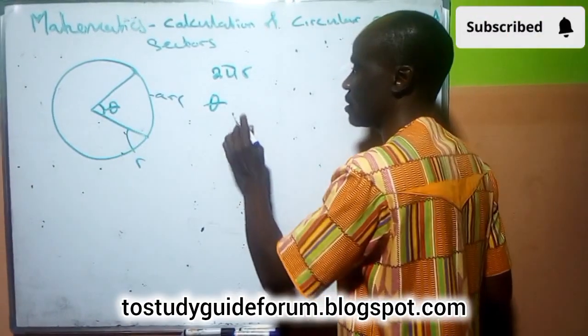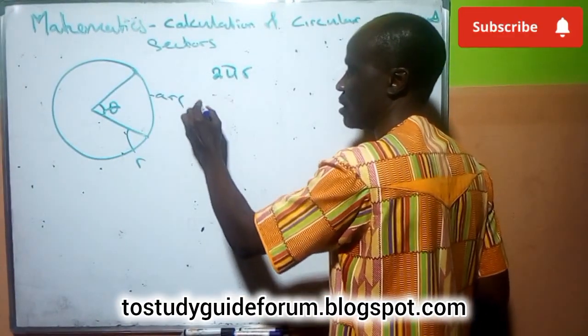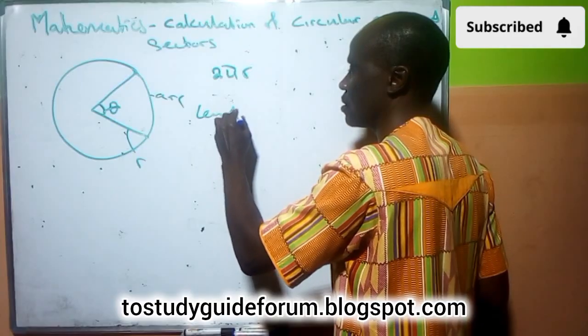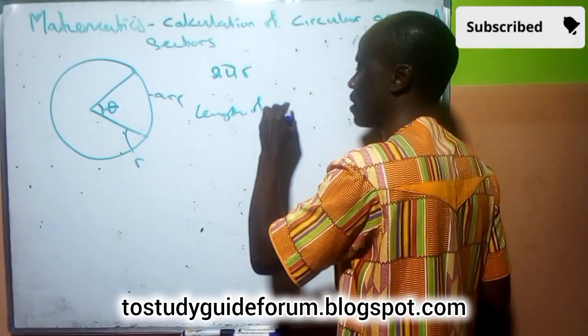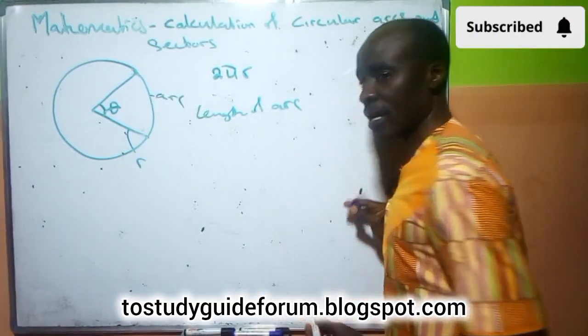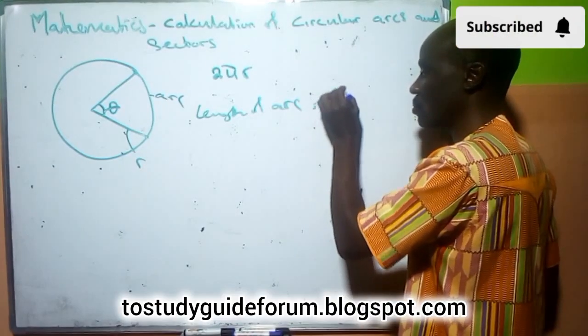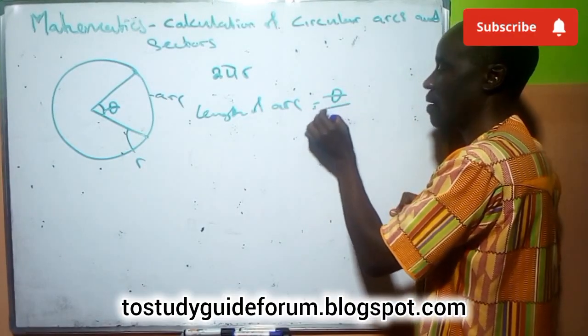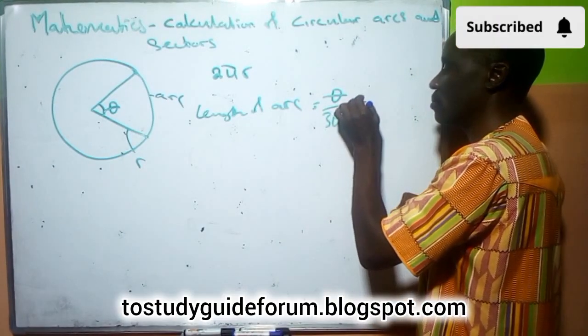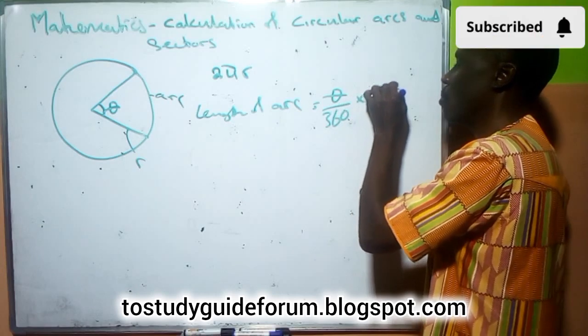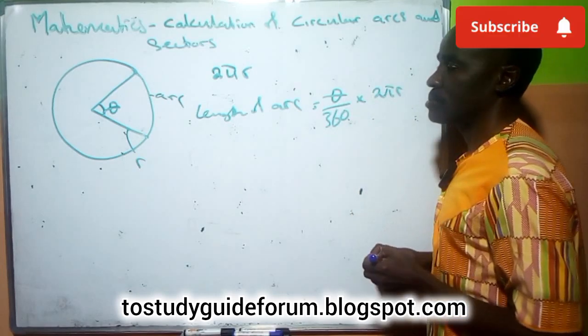That means the length of the arc we are looking at will be equal to theta over 360 times 2 pi r.